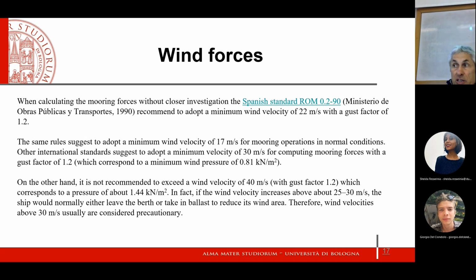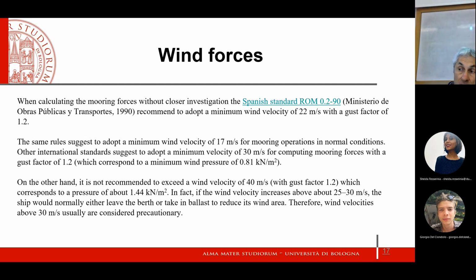So you see the Spanish standard is from 17 to 22 meters per second, and other standards suggest higher wind speeds. This is perfectly understandable because when we move to other places, of course, the behaviors of wind are different. So we shouldn't be surprised. And also the change is within plus or minus 30%, more or less, which is okay.